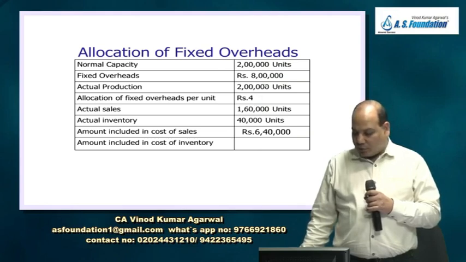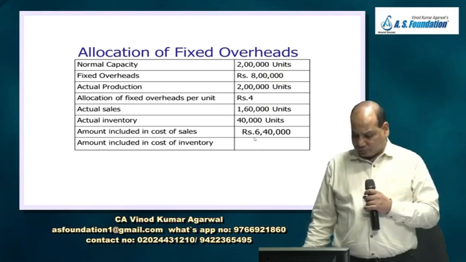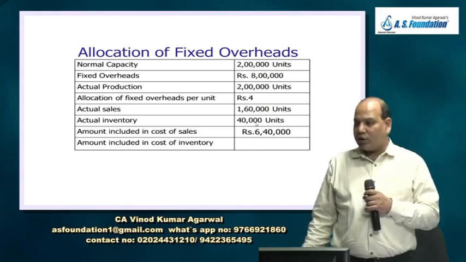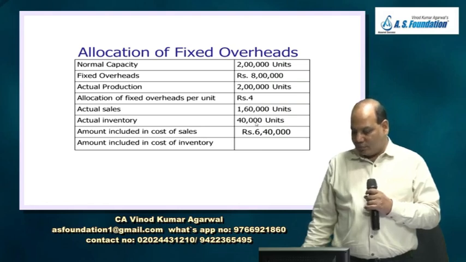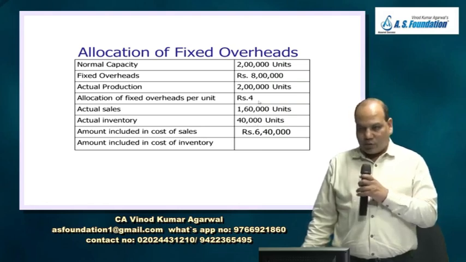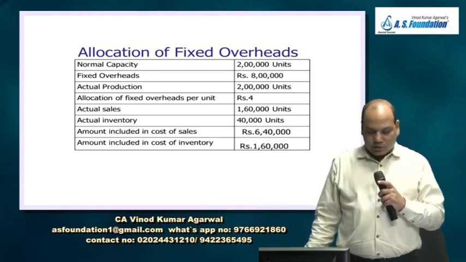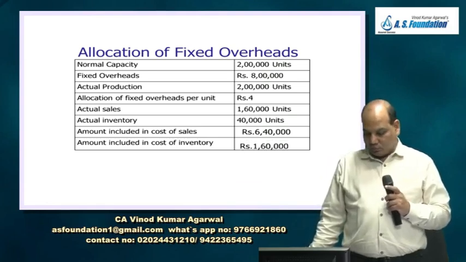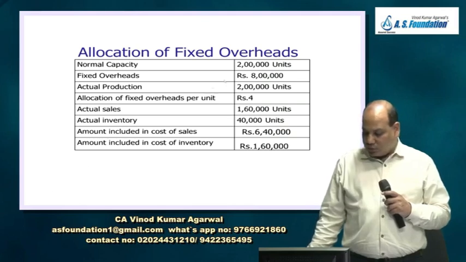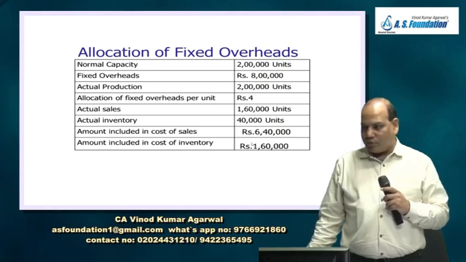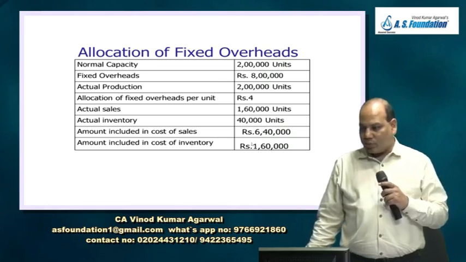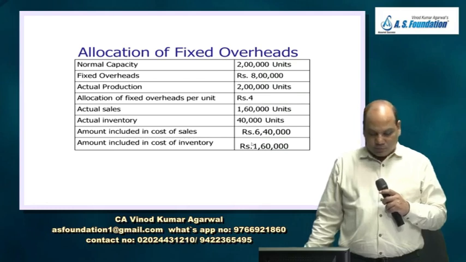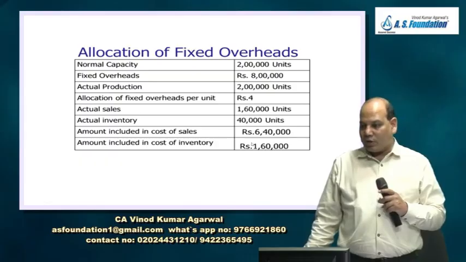And what will be the fixed overhead that will be included in the inventory? 40,000 units are lying in your closing inventory, and 4 is the fixed overhead per unit. So you will write 1,60,000. So in this case, your entire fixed overhead gets absorbed, either over the cost of sale or over the cost of inventory. So the amount charged as period cost under absorption is nil.